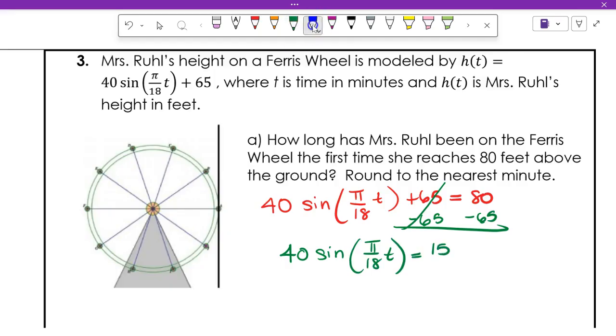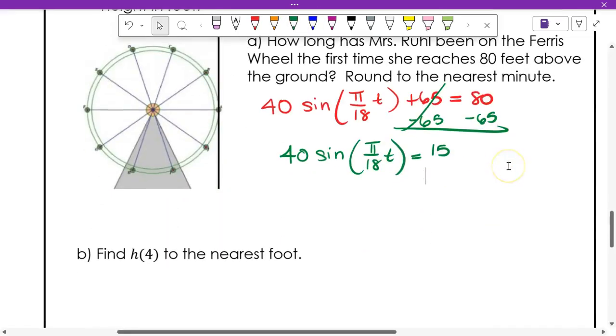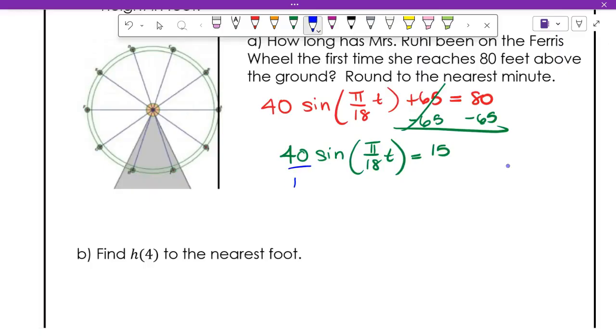Okay, and then we're going to divide both sides by 40. That gets me sine of pi over 18t is equal to 15 over 40, which reduces down to 3 over 8.